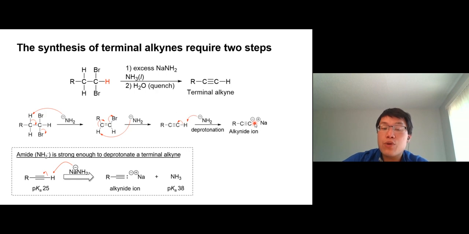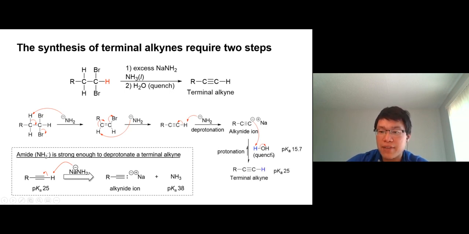So we need to add an acid, and in this case, water will do just fine. So protonation: water has pKa 15.7, and the pKa of a terminal alkyne is again 25. So the equilibrium goes forward, of course. That's the reason why we add water. And this step is called quenching.